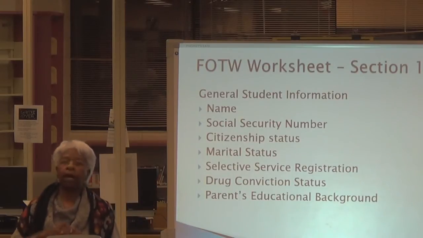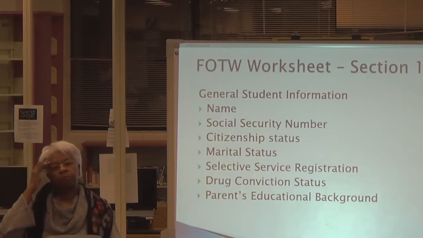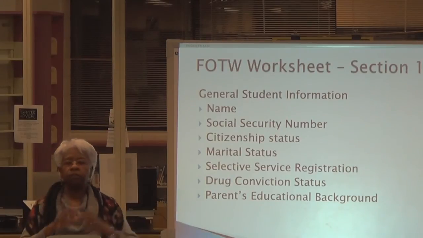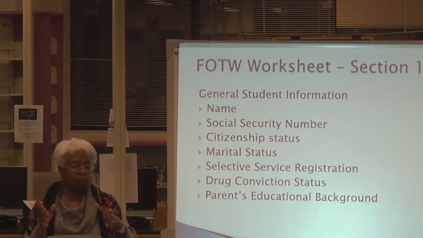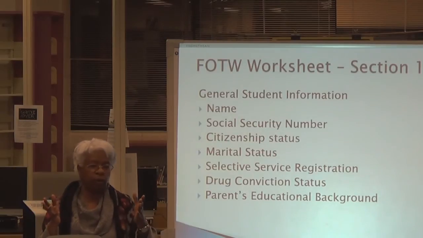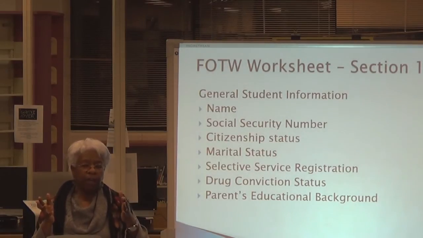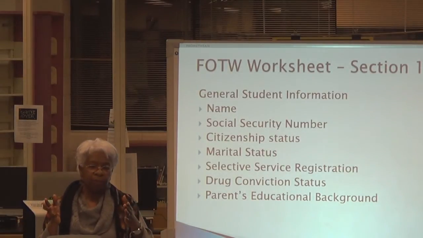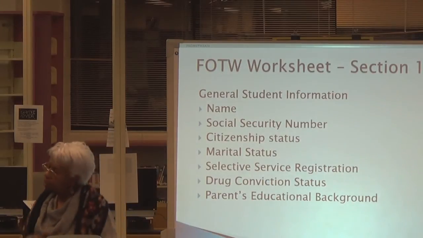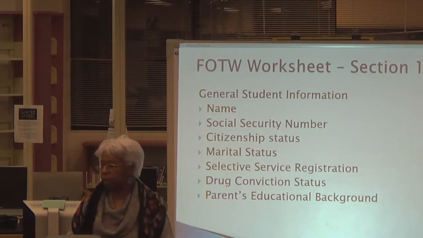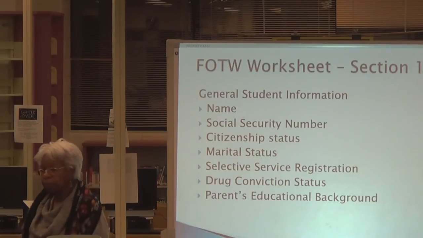Don't think, okay, well, does it mean my name is... So if you have shortened your name, today we found a case where the student apparently did not know the parent's real name. That was an interesting thing.